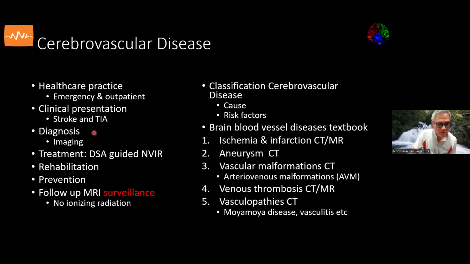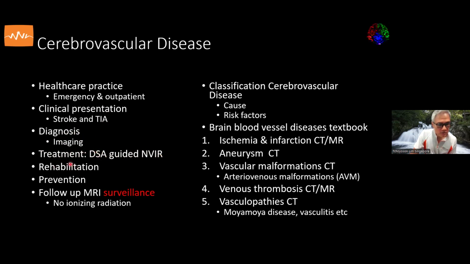Many of the diagnoses, as we shall see, are made on imaging. Many of the patients with cerebrovascular diseases also undergo treatment either by digital subtraction angiogram guided neurovascular interventional radiology treatments or neurosurgery. Either way, imaging plays an important role before invasive DSA is performed.